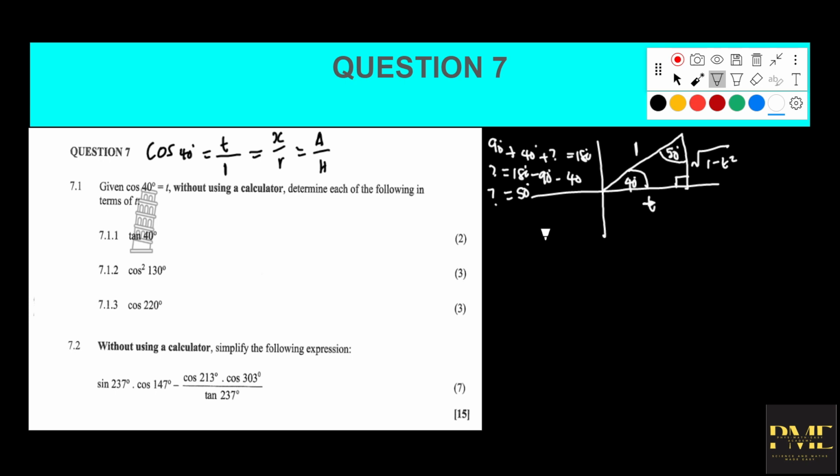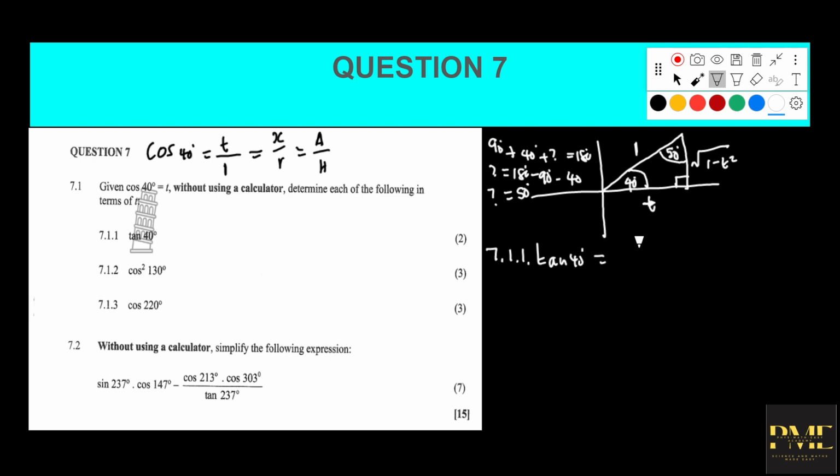Okay, so let us move on to 7.1.1. They want tan 40, so represent tan 40 in terms of t. That's what they're actually looking for. So by definition, tan of this angle 40 is y over x, or opposite over adjacent.